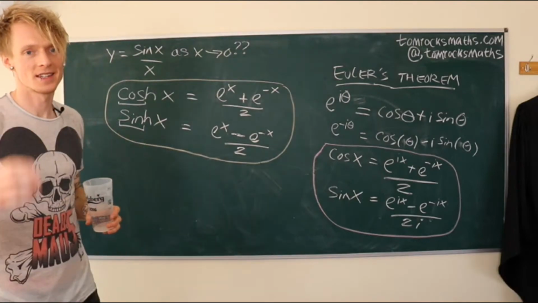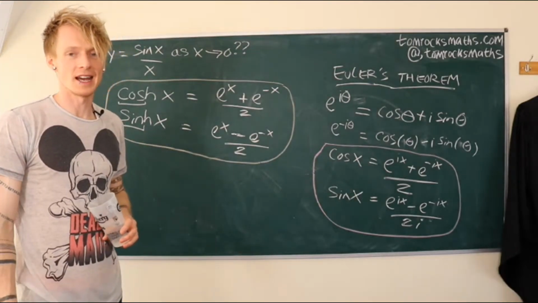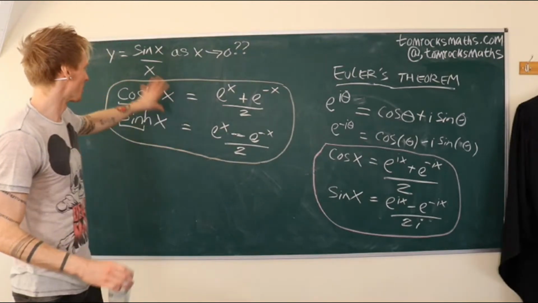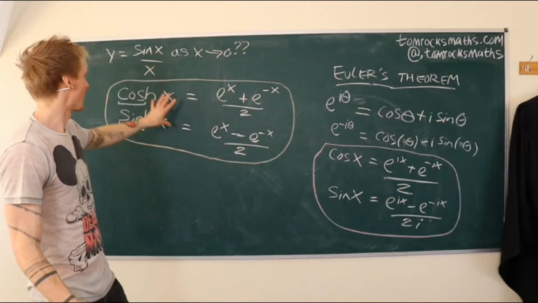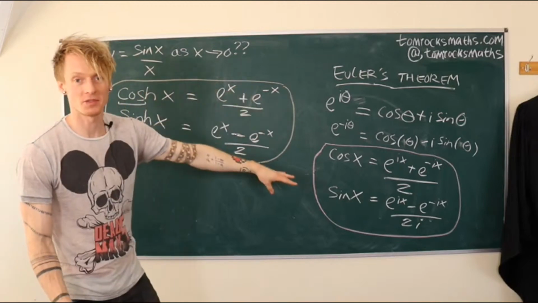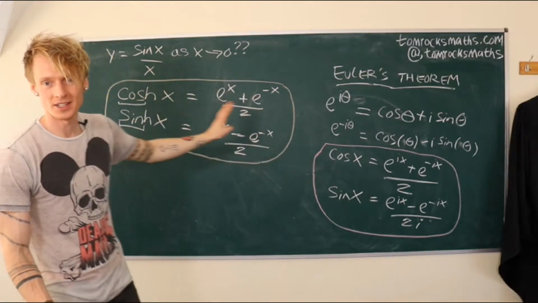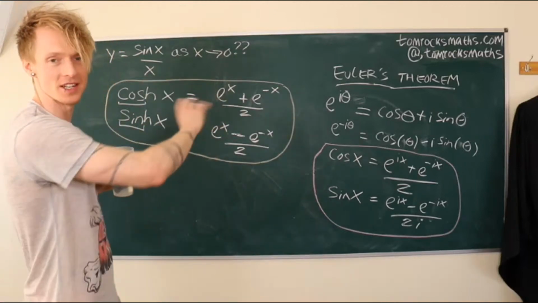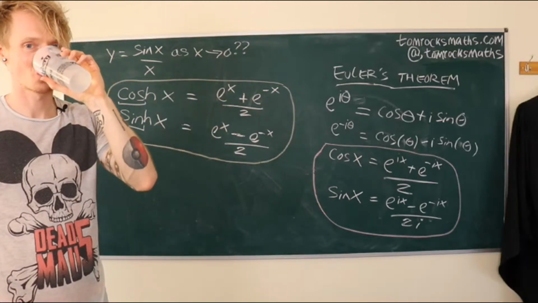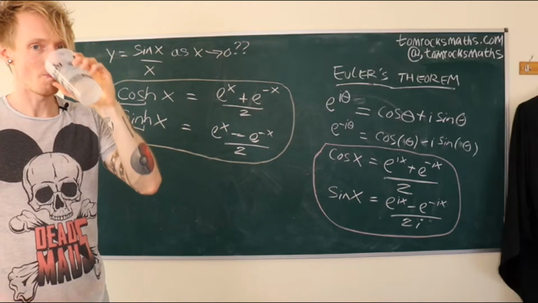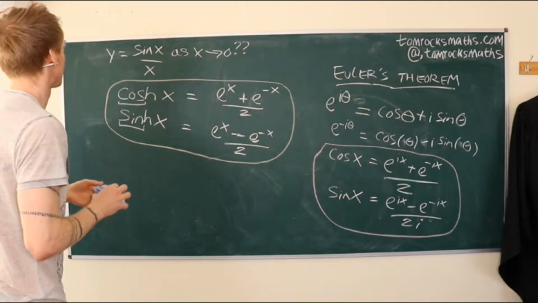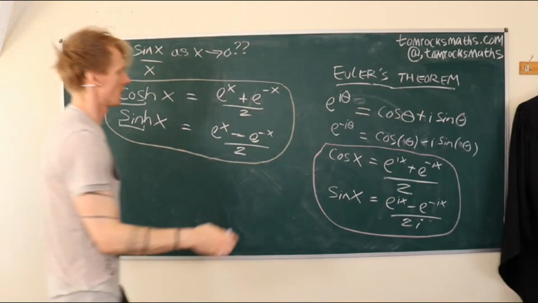You guys are a good 40 minutes into the live stream, so I think it's about time I asked you a difficult question. What is the way to write cosh in terms of cos, or sinh in terms of sine? So have a little think. You've got all the information you need in those two boxes. And I will just rub off this.